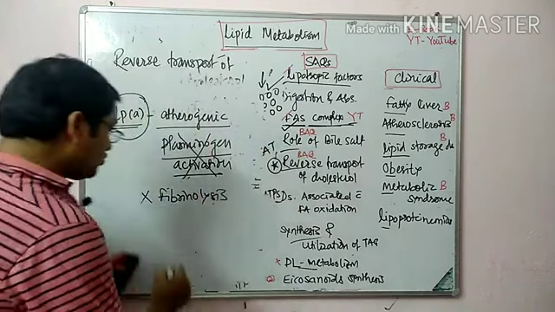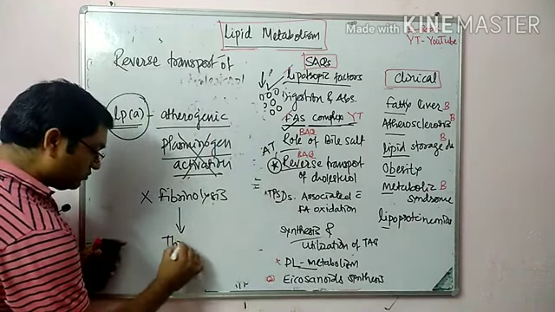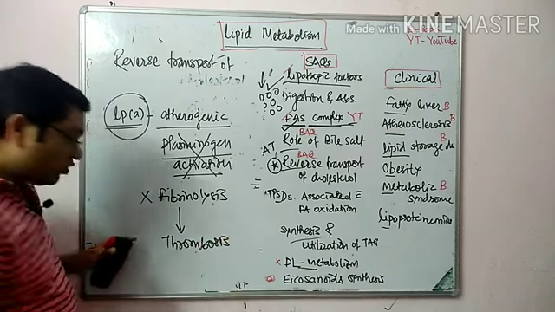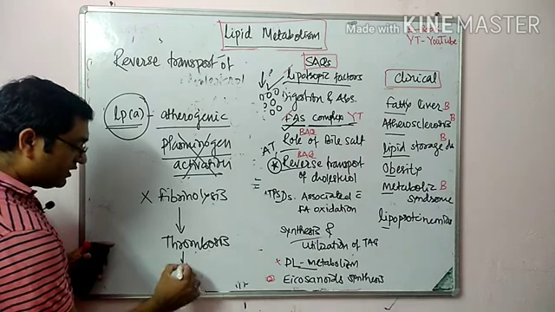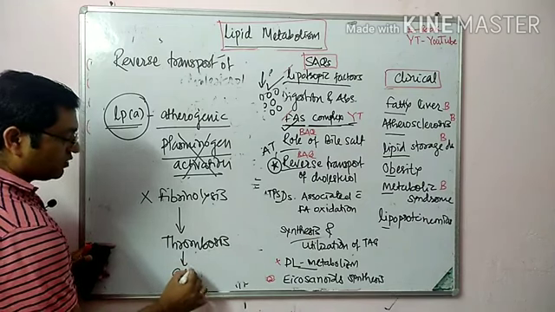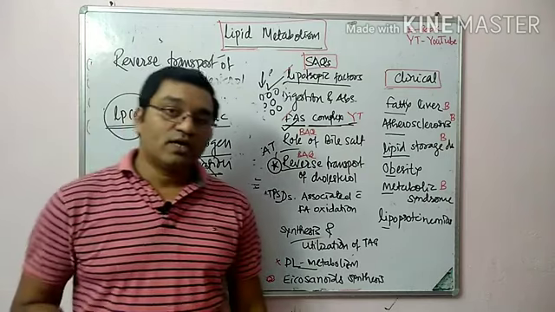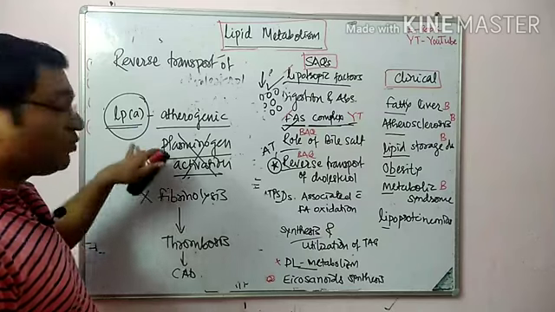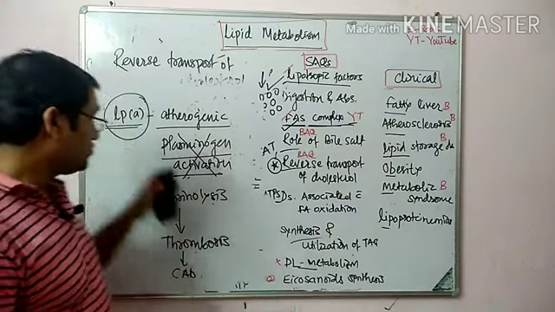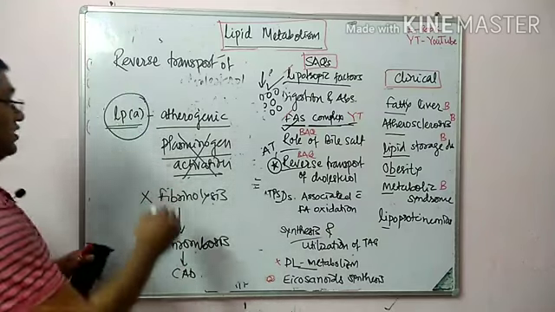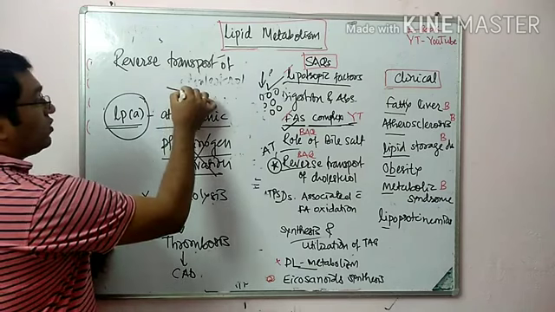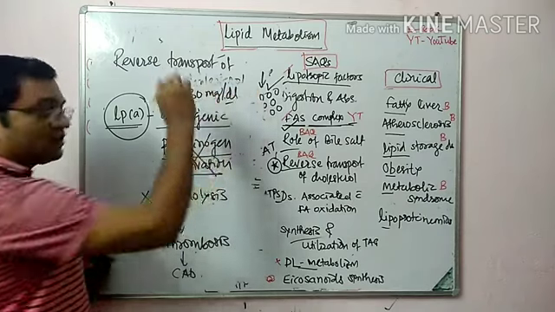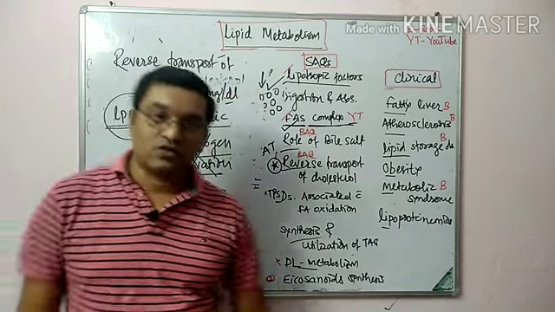So there will be thrombosis, and the patient is more prone to coronary artery disease and myocardial infarction due to unopposed thrombosis. Lipoprotein(a) is also known as the little rascal. When the level goes beyond 30 mg per deciliter, it carries a significant risk of cardiovascular disorders.